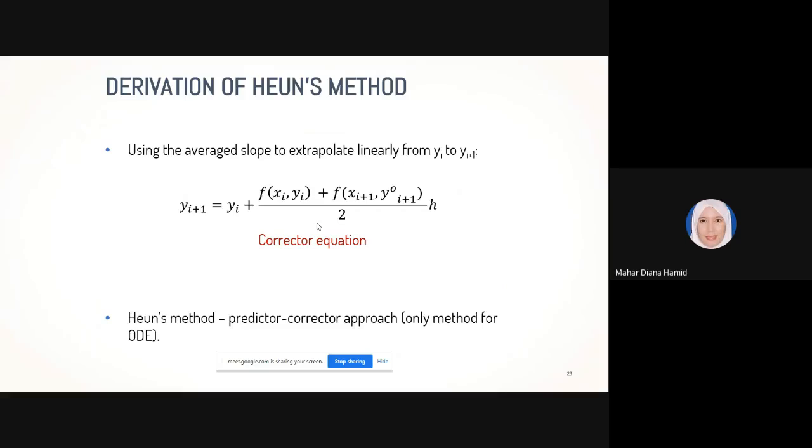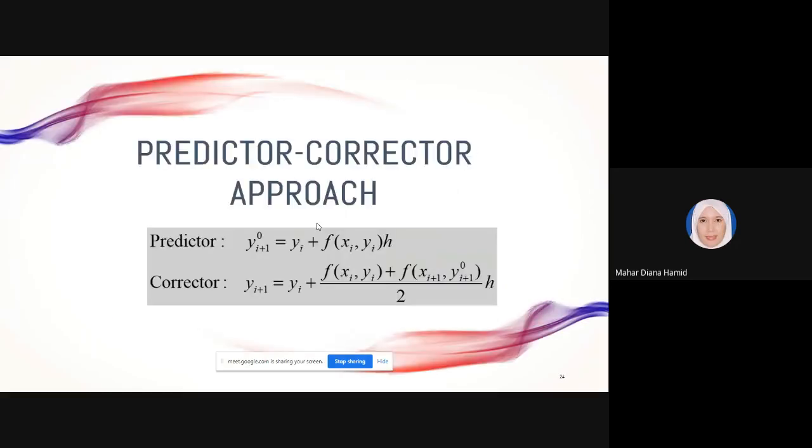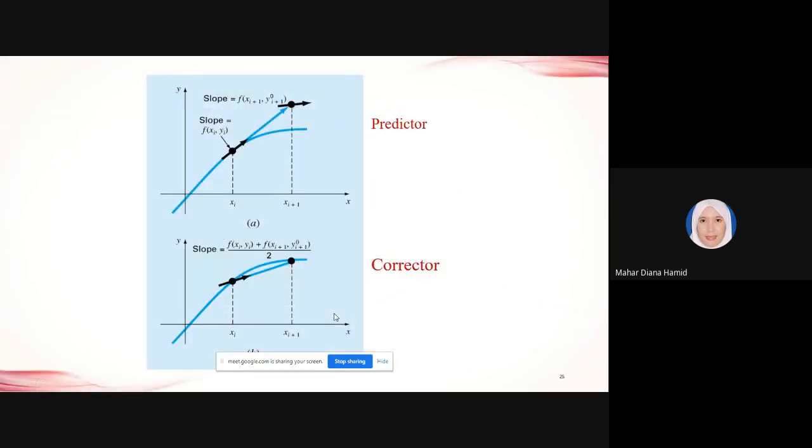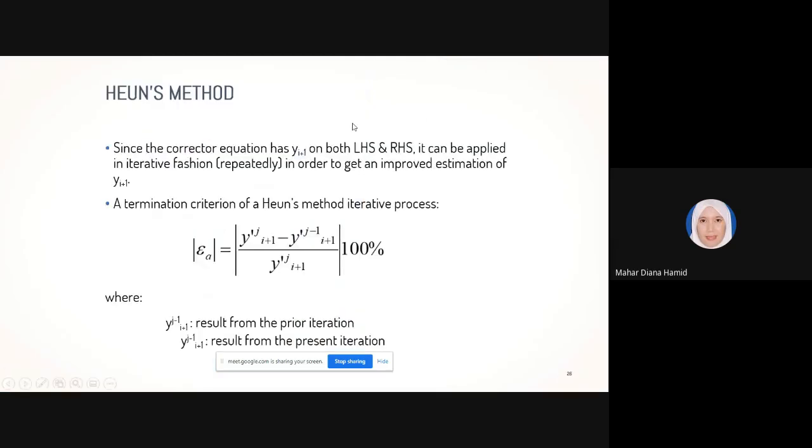Since it has both predictor and corrector, it's actually a predictor-corrector approach. We can do an iterative calculation using a predictor and corrector. So this is Euler's method.